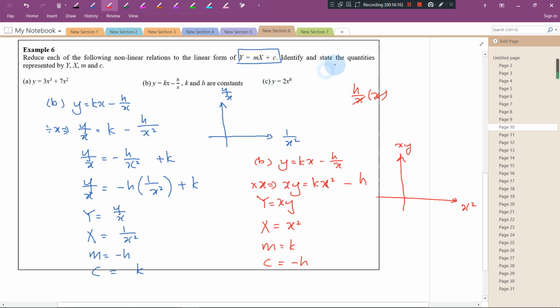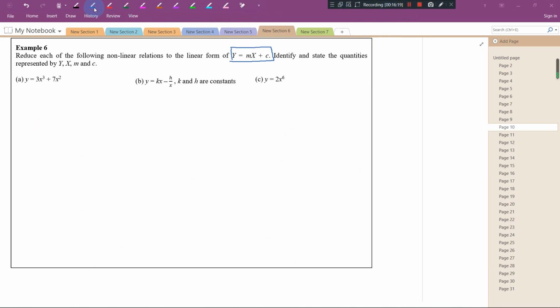Okay, let's go to part C. Y equal to 2x power 6. This one, if you don't want to do anything, also can. Let's say if you want to draw a graph of y against x power 6, you will be able to get a straight line with the gradient of 2 and the y-intercept of 0.